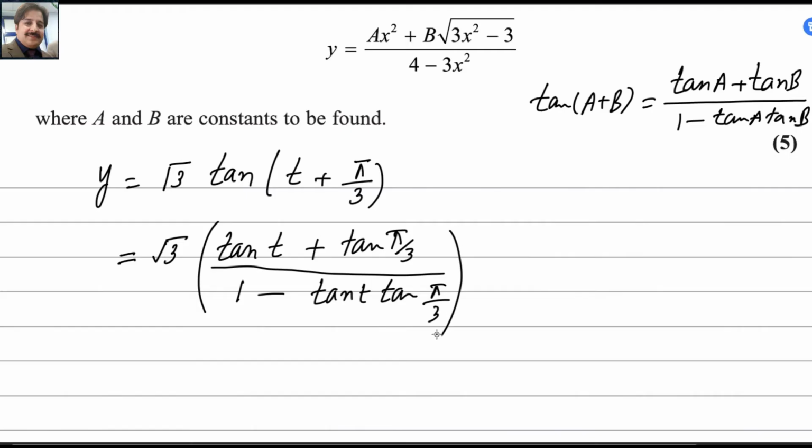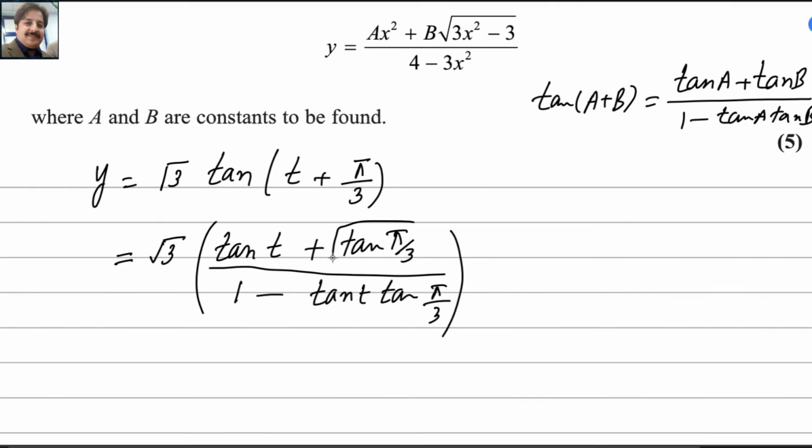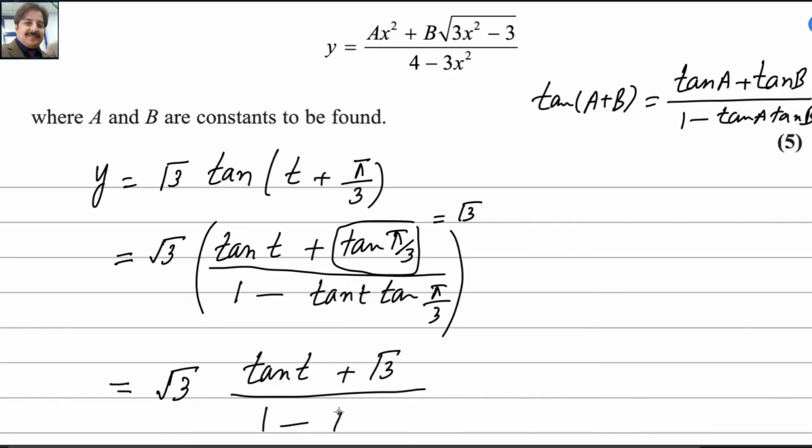If you use a calculator, which should be in radian mode, you will get tan pi by 3 as square root 3. So we can write square root of 3 times tan t plus square root 3, divided by 1 minus square root 3 tan t.